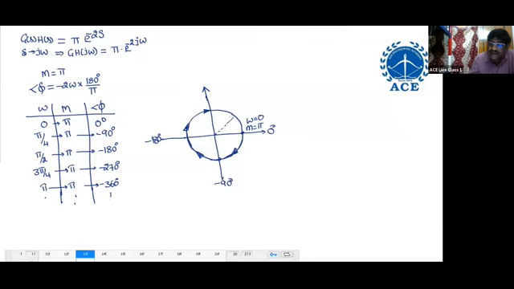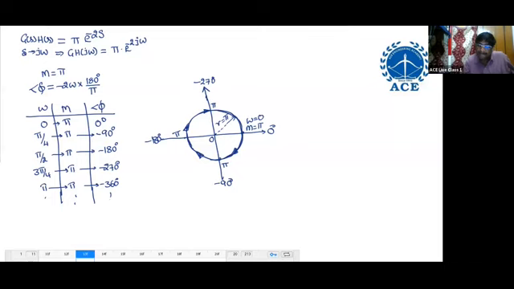This is the diagram. Because this will go on rotating, minus 270, minus 360, like this again continued. Wherever you observe, the magnitude is pi only. It is a circle. Next problem.